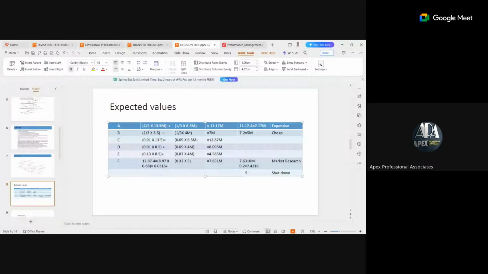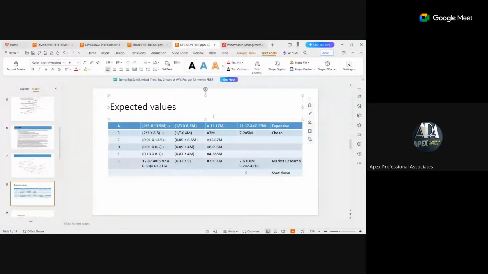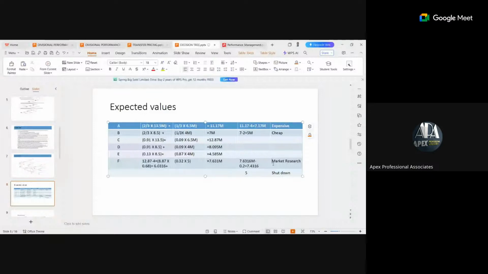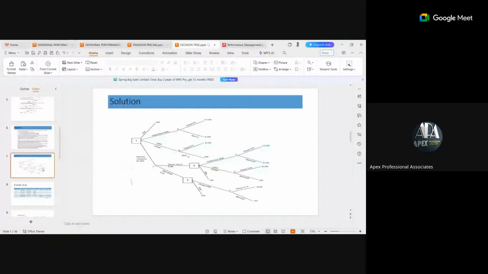Yes, so Kobe will go with market research, but take note, it does not stop there. If Kobe goes with market research, it has 2 options, isn't it? Good and bad.